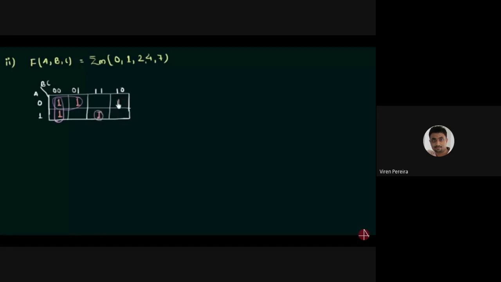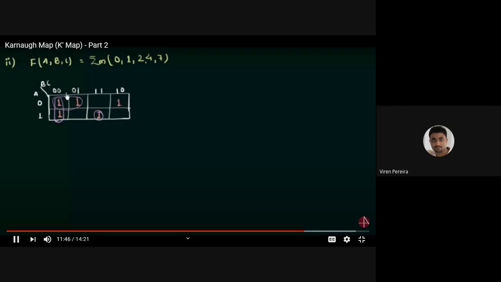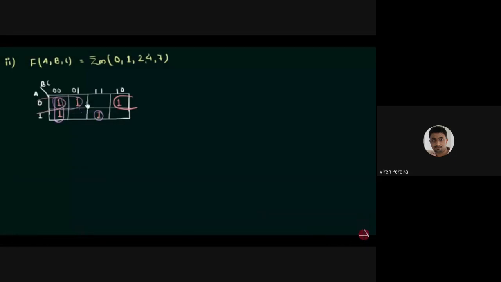Now we will move to this one. There is no one here or here, so I cannot pair it in this way. And now this one can only be paired in a way that I will just show you, like this and like this, because I have already told you that the adjacency follows in this way also, the first cell and the last cell.